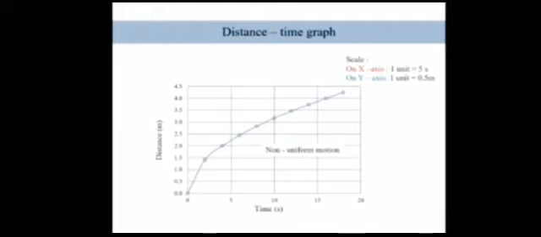Then coming to step number 3, check the initial position. The starting point is passing through the origin, so the vehicle whose motion is presented here was initially at rest. That means at time t equals 0, the velocity of the vehicle was 0.